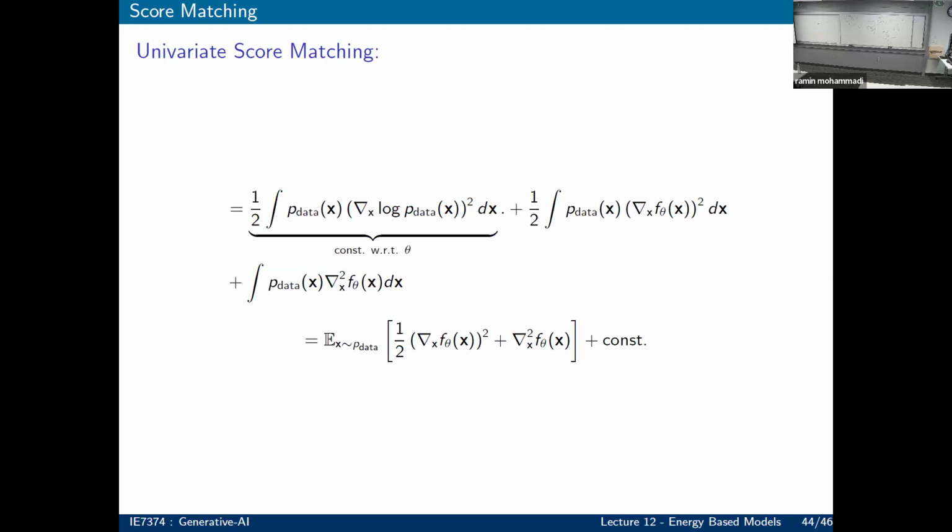So then you have this term plus this term. These 2 terms have one thing in common, p data x. So you can write that as the expected value of this term with respect to samples from p data, and the expected value of this term with respect to samples from p data. So the total becomes the expected value of this plus that, if I sample from p data, my real training data.